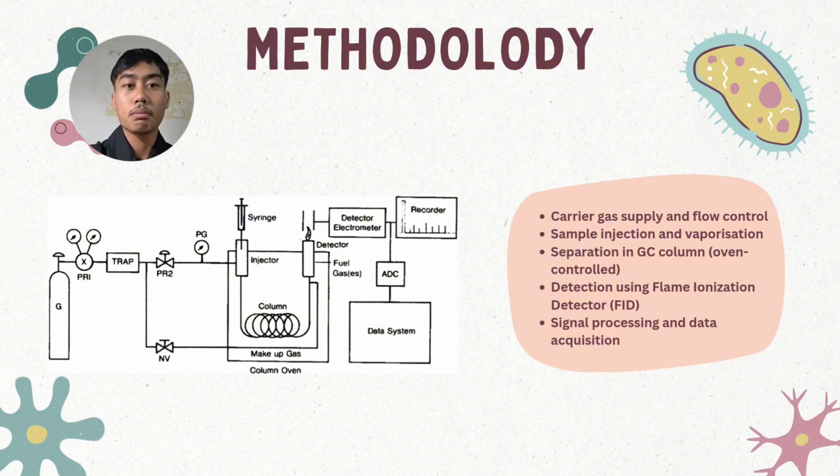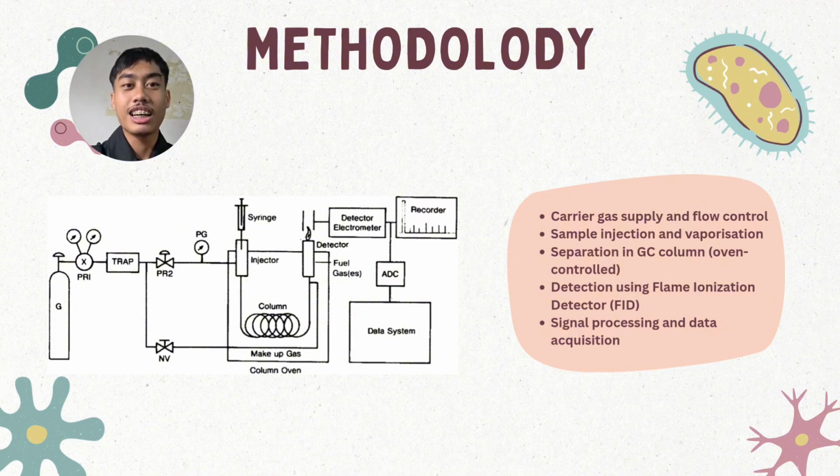The vaporized sample is transported by the carrier gas into the GC column, which is placed inside a temperature-controlled oven. Separation occurs in the column based on differences in volatility and interaction with the stationary phase. After separation, the components exit the column and enter the detector, which in this experiment is a flame ionization detector.